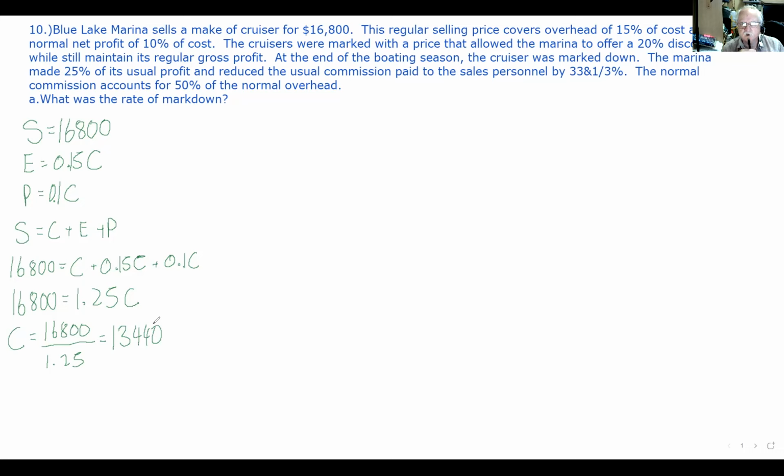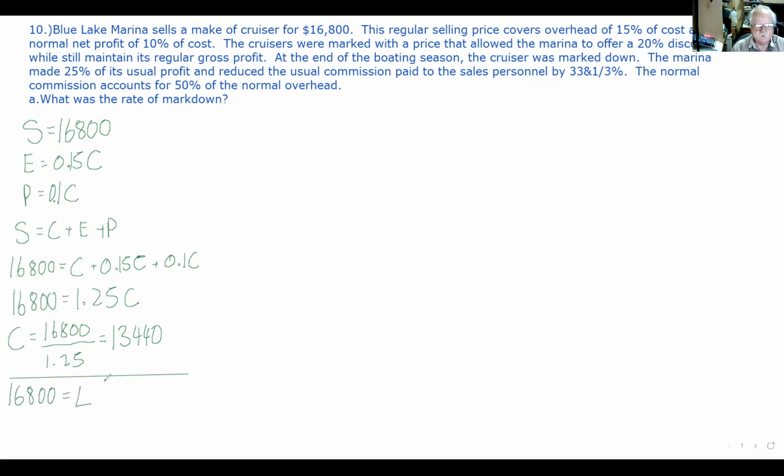The cruisers were marked with a price that allowed the marina to offer a 20% discount while still maintaining its regular gross profit. So we know the price they want to get. We were given it, 16800.